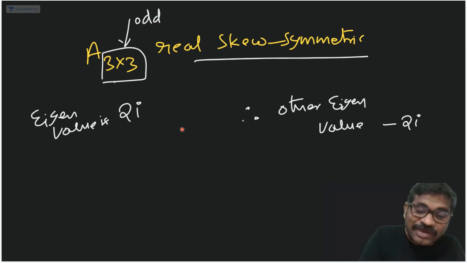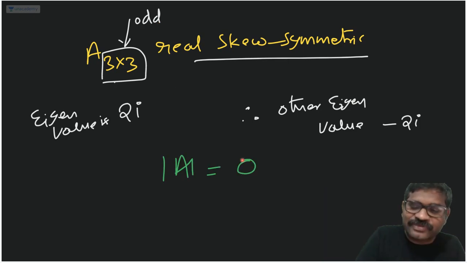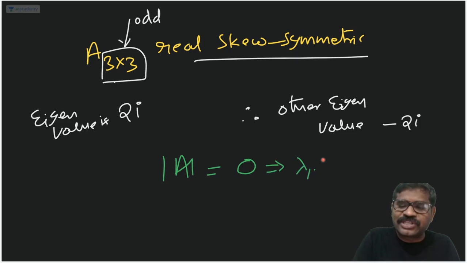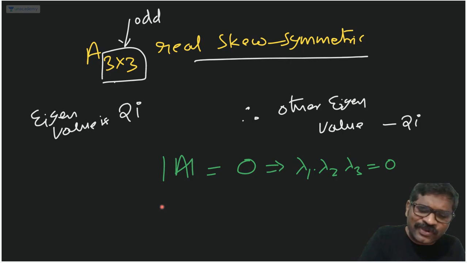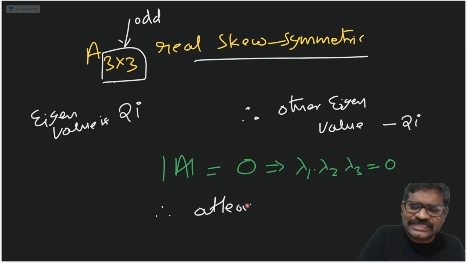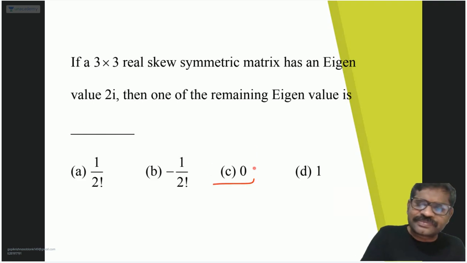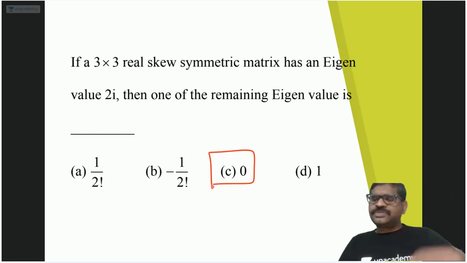So the product of eigenvalues is 0, therefore at least one of the eigenvalues is 0. That's why 0 is the correct option. Understood?